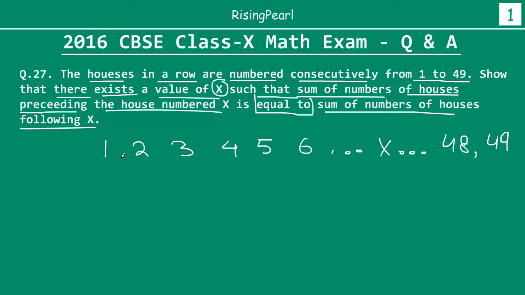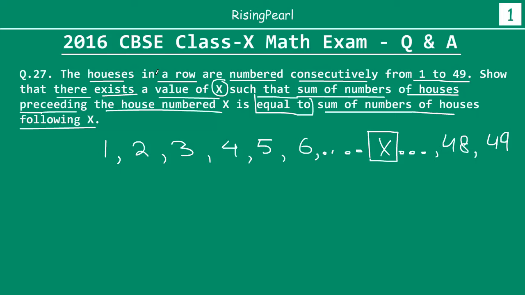So these are all the homes. It may seem like numbers, but basically these are all the homes, and these are the addresses, and the numerical part of the address goes like this: 1, 2, 3, 4, 5, 6, and then we keep going. And what is x? We will come to that in a moment. And then we get to 48, 49.